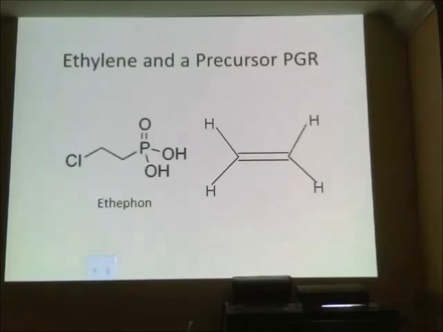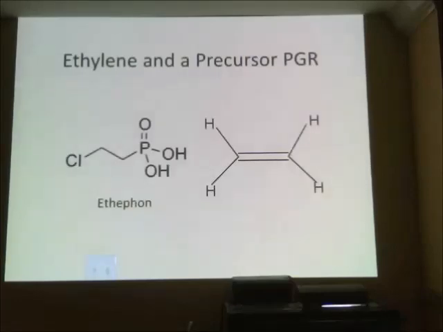Once the chlorophyll breaks down, other pigments that are present, which were obscured by the chlorophyll, become visible. So once the chlorophyll breaks down, we start to see other kinds of colors developing in the fruit, and we associate the turning of a tomato from green to red with this.